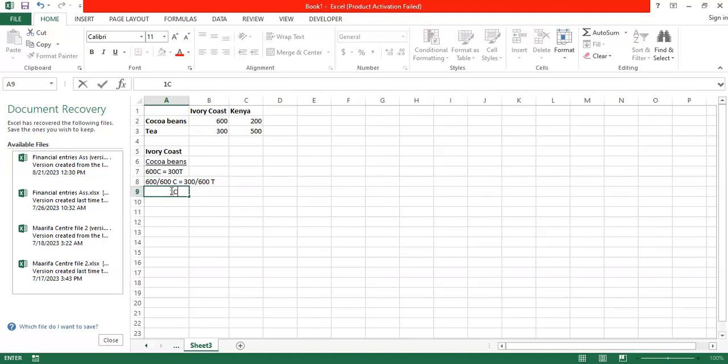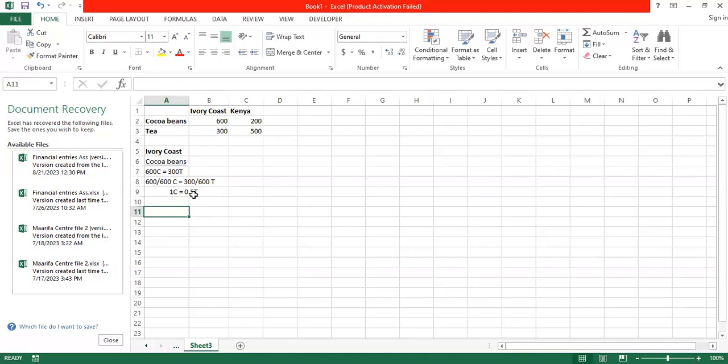So 1C is equal to 600 divided by 300. Now you can punch that in the calculator and you see. That's the autarky price of cocoa beans in terms of T, right? So we are done with that.